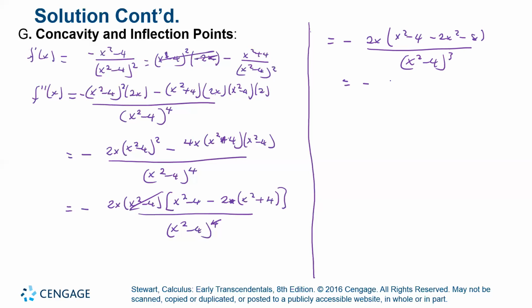Everything in the parentheses, you have your 2x, and that will give us just minus x squared minus 12 divided by x squared minus 4 all.